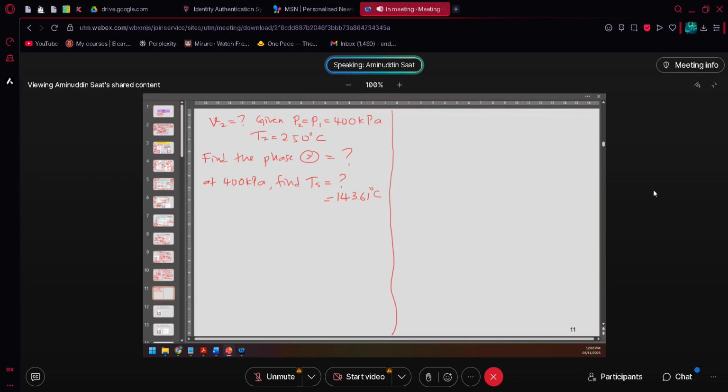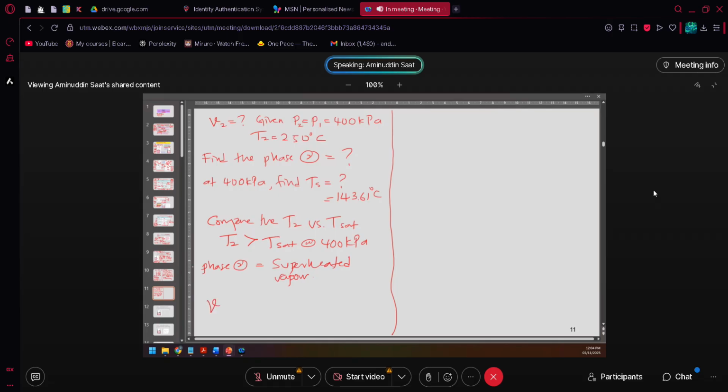Then we compare T2 versus T saturation. We know that T2 is greater than T saturation at 400 kilopascal. So again, phase 2 is a superheated vapor. If it is superheated vapor, we use the same approach.